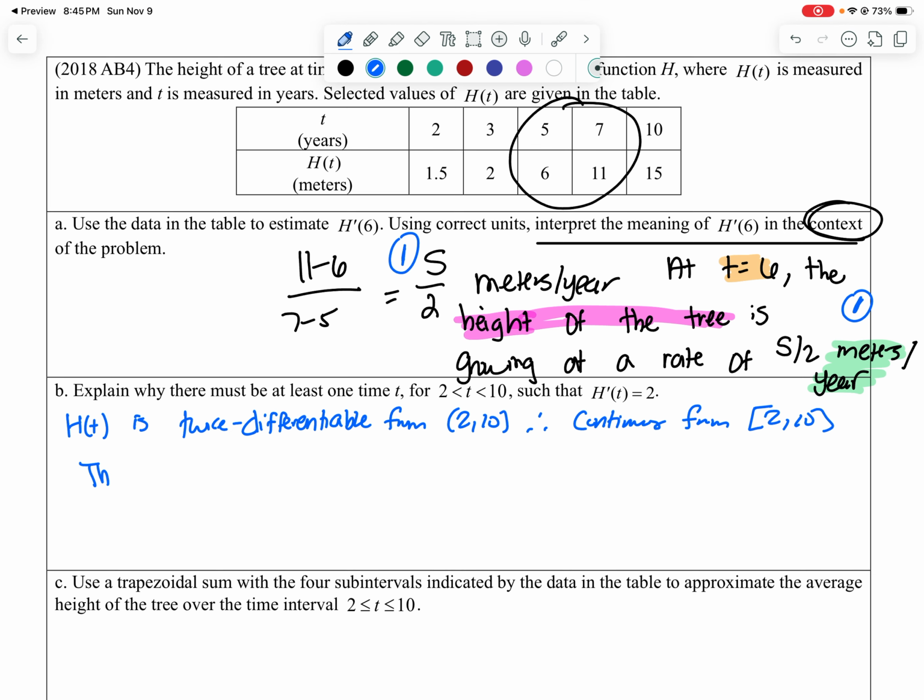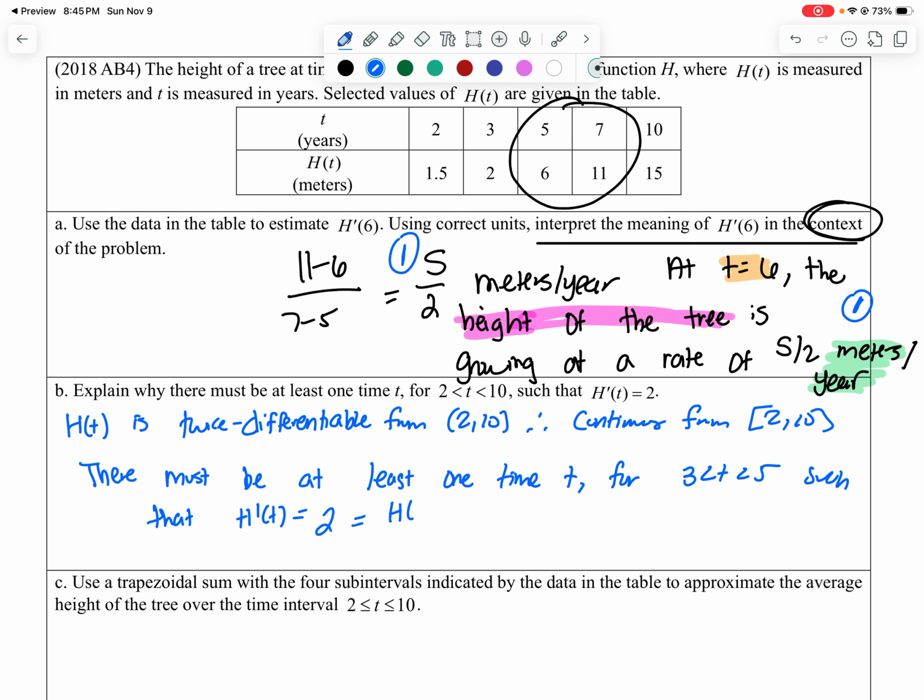So there must be at least 1 time t for 3 to 5 such that h prime of t is equal to 2, which is equal to h of 5 minus h of 3 over 5 minus 3, which is equal to 6 minus 2 over 5 minus 3, 4 over 2, or 2.